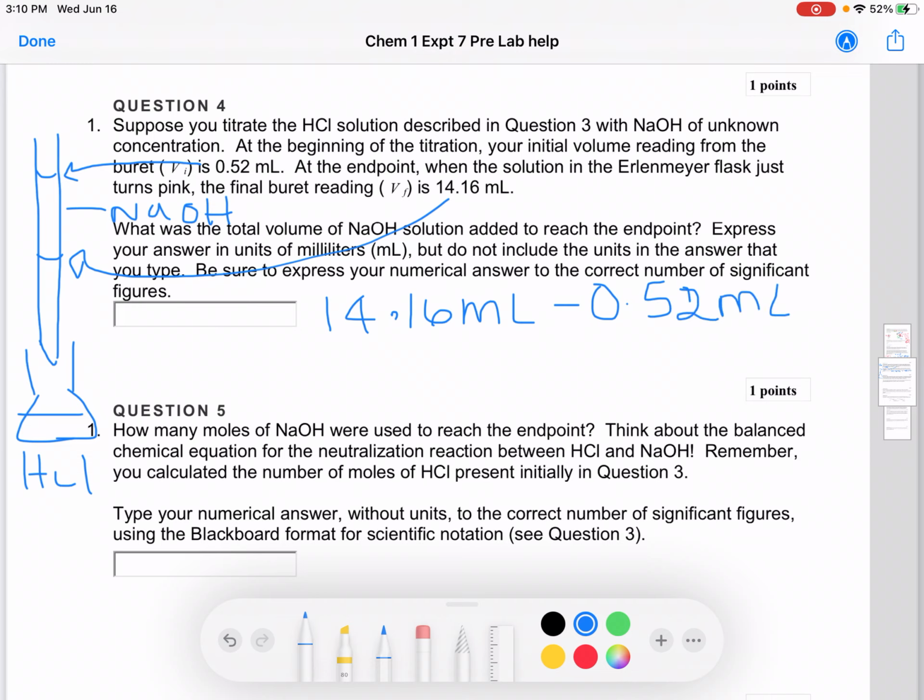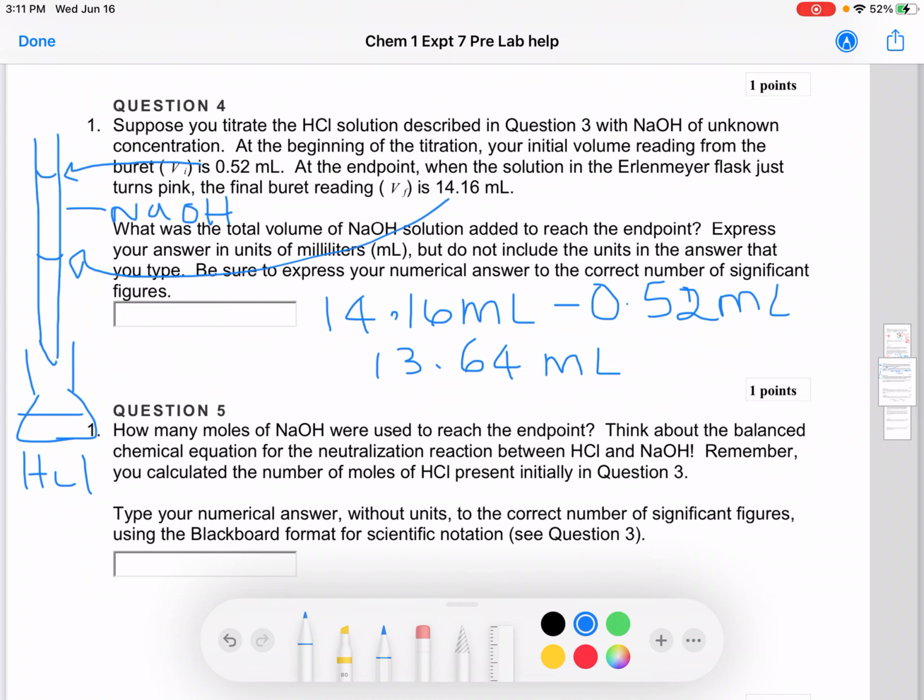We are doing a subtraction, and remember, we go by the least number of decimal places. So there are 2 decimal places, and the answer would be 13.64 milliliters. Without the units, you can put your answer right there.